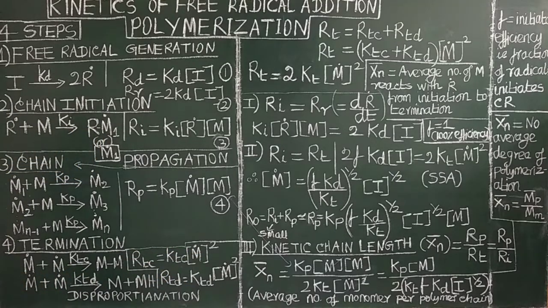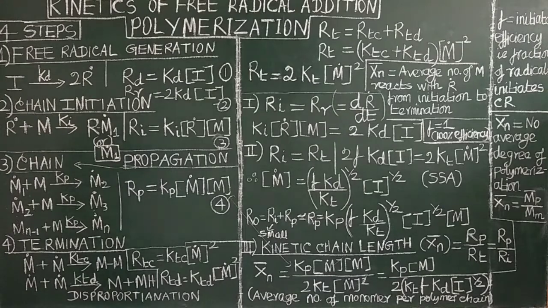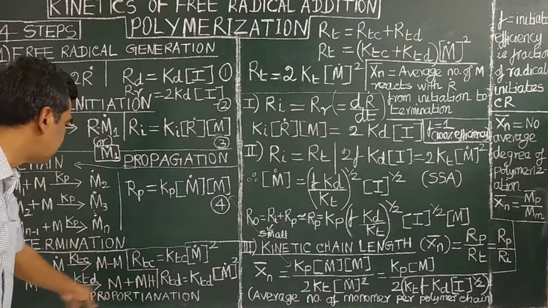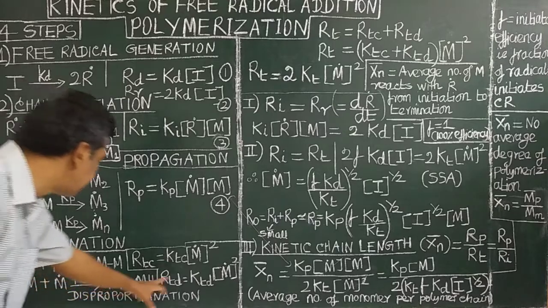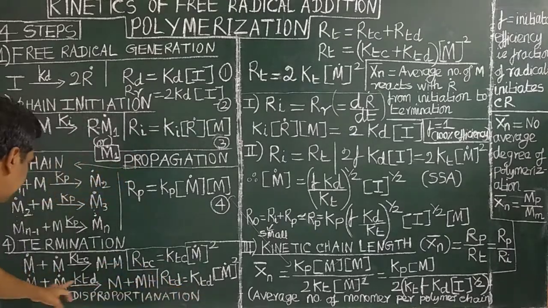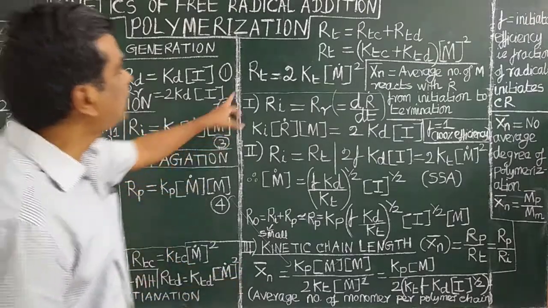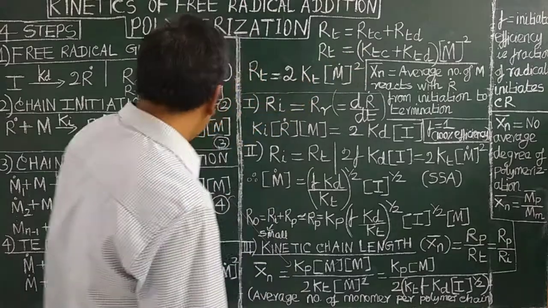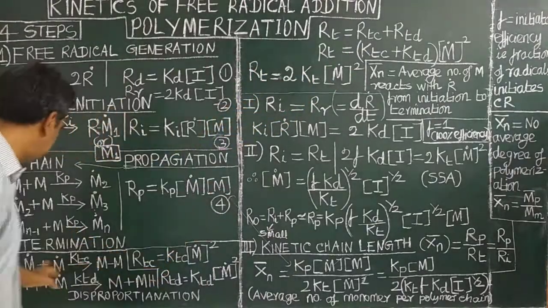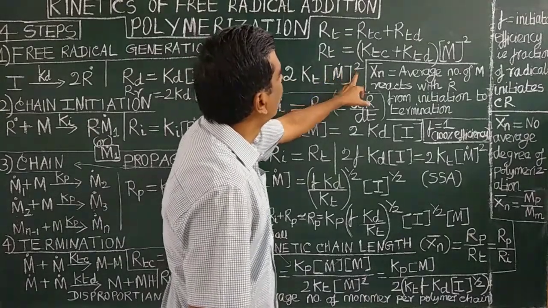Similarly, two radicals react to undergo disproportionation to terminate the reaction. Therefore, the rate of termination through disproportionation is again Kt concentration of M dot square. Therefore, the rate of termination is equal to twice Kt concentration of M dot whole square.